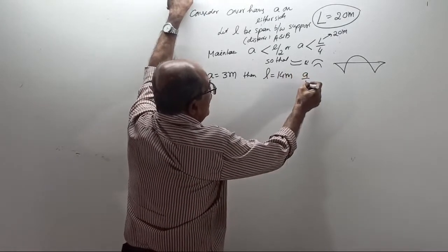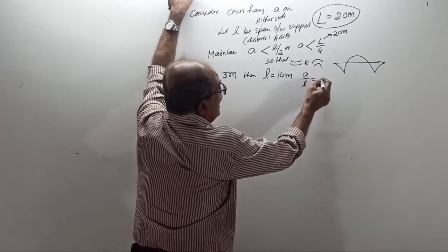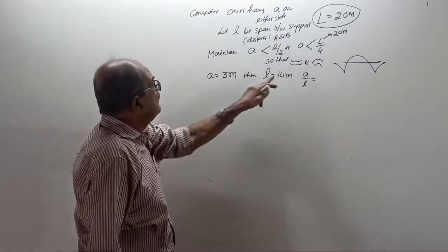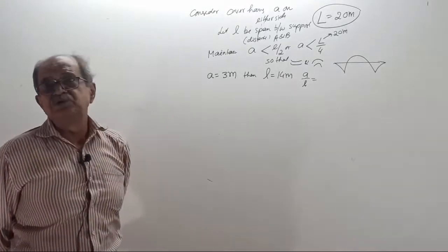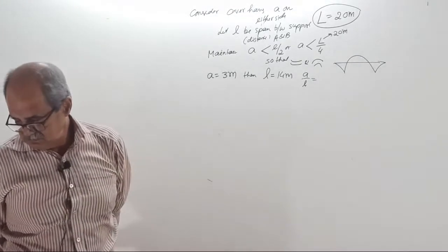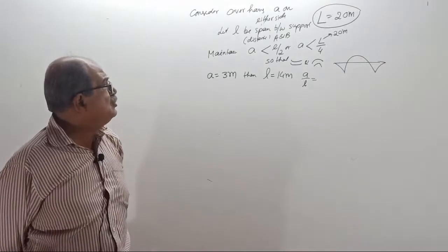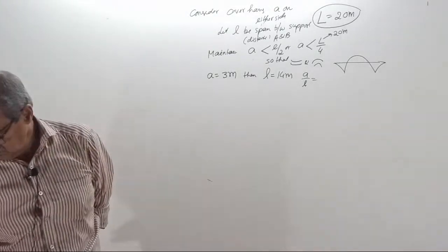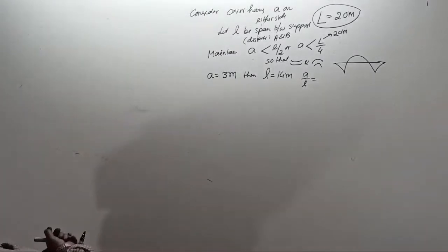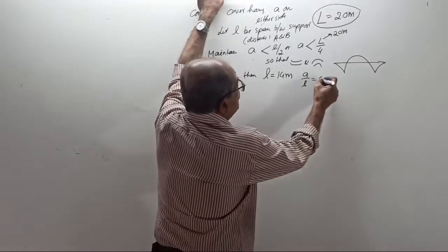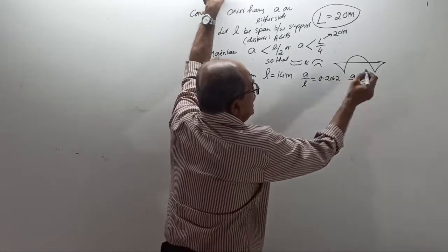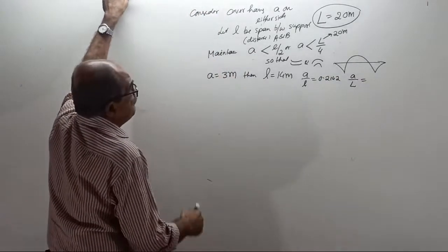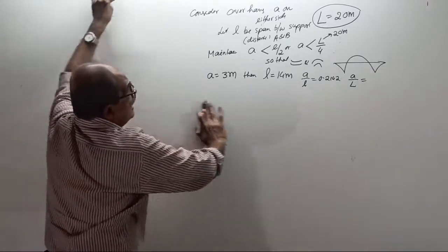So tell the answer. A by L, what is the answer? Fast. 3 by 14, number. The number should come less than 0.5. The ratio of A to span should be less than 0.5. It is 0.2142.